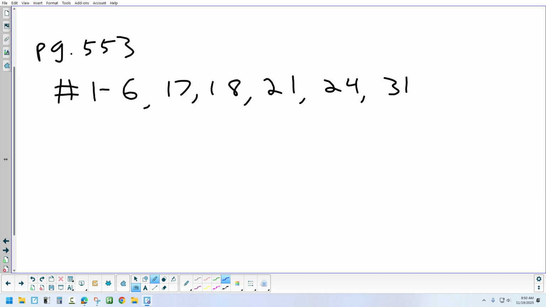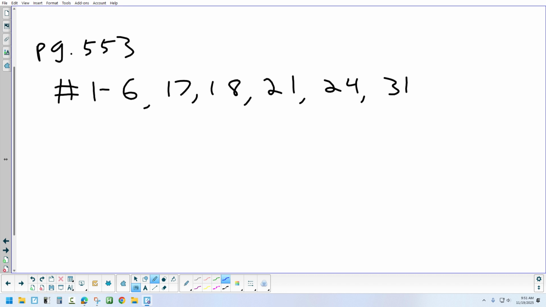So I think like 17 and 18, those might be 2 variable systems. 1 through 6 is just asking for a step, saying like, okay, what would you do to make a 0? Add row 1 to row 2. But you don't actually have to do the step. You just have to say what you would do.